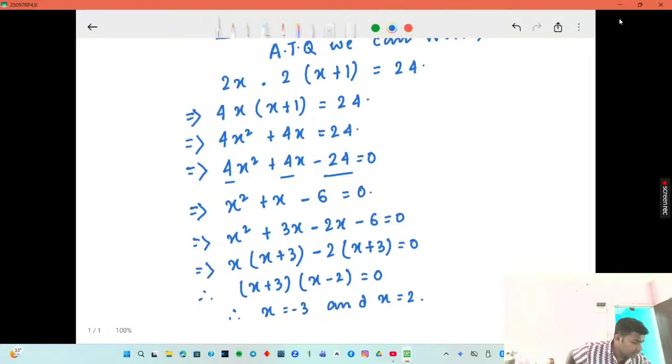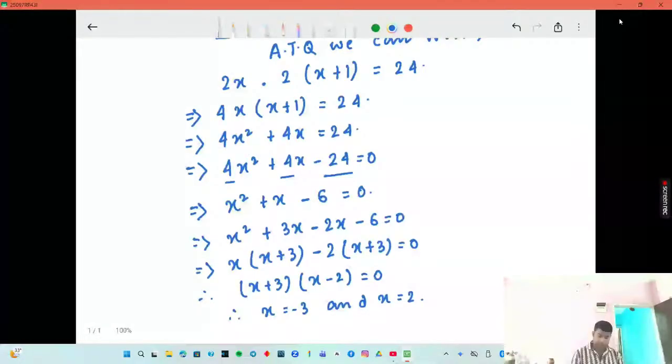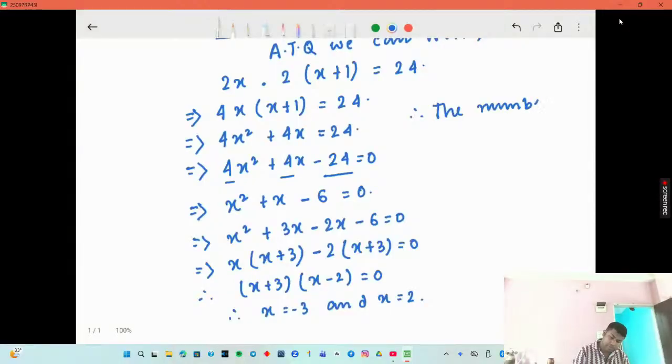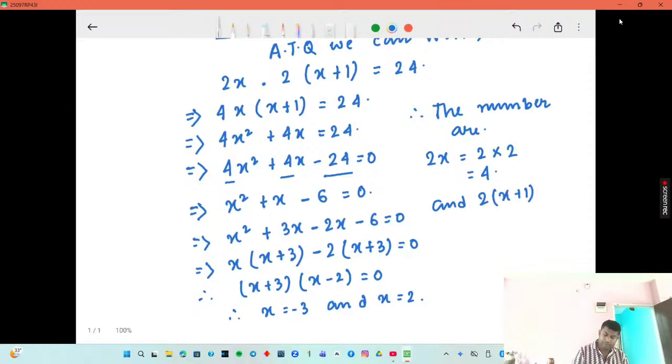We have to find the numbers. So how to find the numbers? Now the numbers will be, therefore, the numbers are 2x is equal to 2 into 2 is equal to 4, and 2x plus 1 is equal to 2 into 2 plus 1 is equal to 2 into 3 is equal to 6.